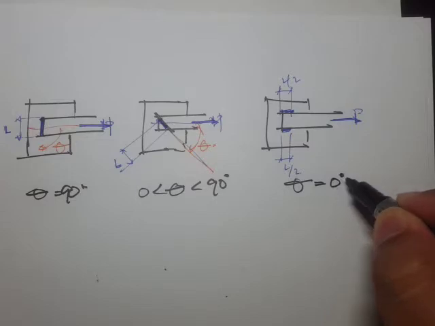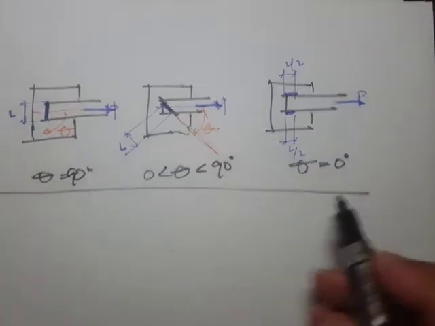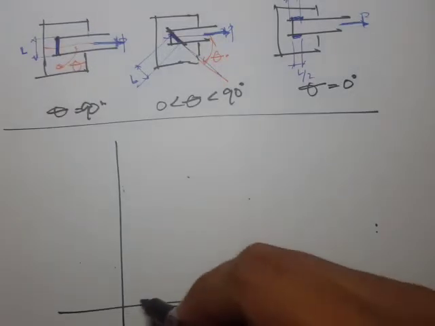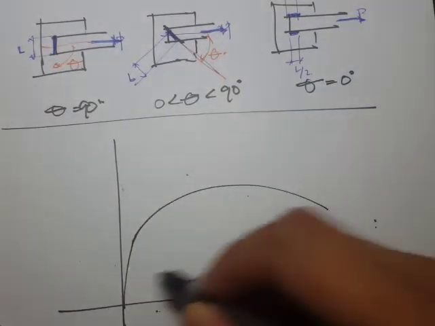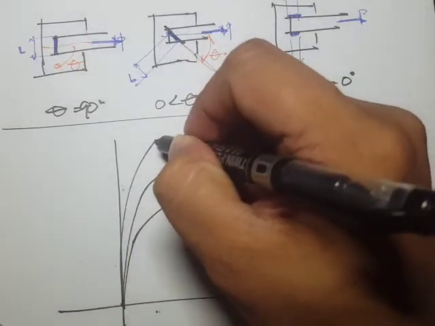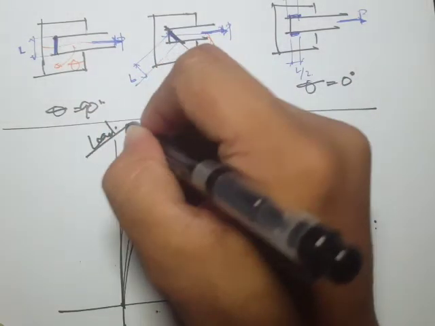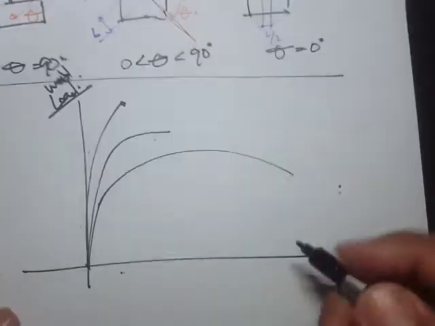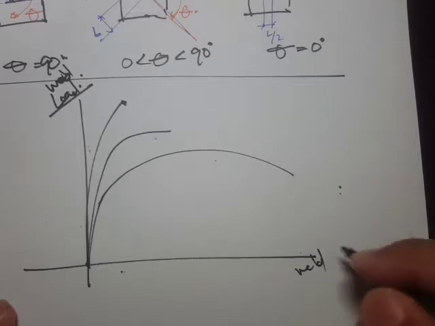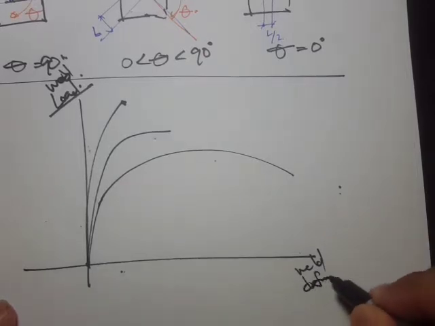Let's say this is 0 degrees. Now, if we plot this, what we actually see is that this is the weld load, and here the normalized weld deformation.